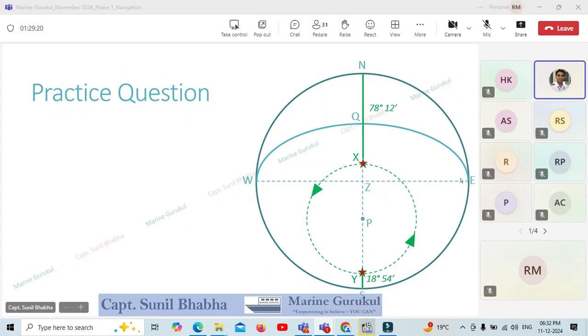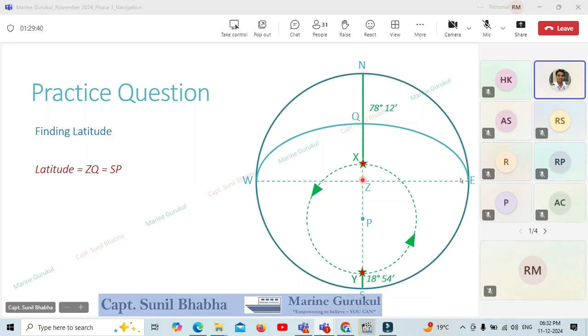Let's move ahead now. We have the declination. The next thing which we need to find is the latitude of the observer. Now finding the latitude is easy. In this particular diagram, the latitude is represented by ZQ. Z is the zenith, Q is the equinoctial.